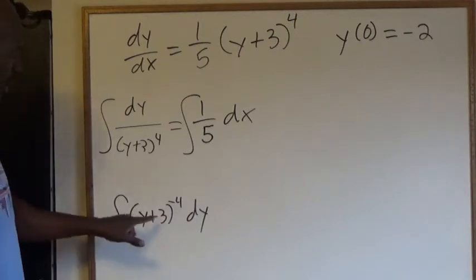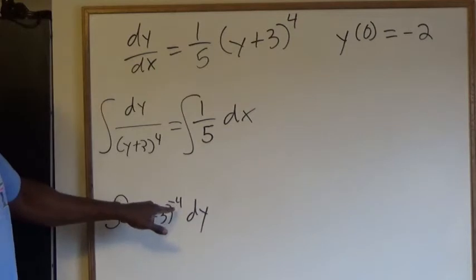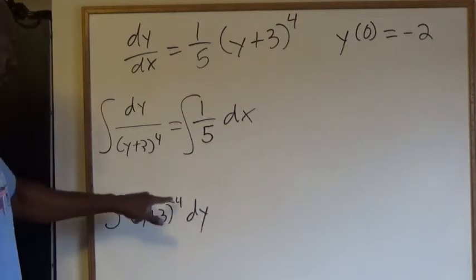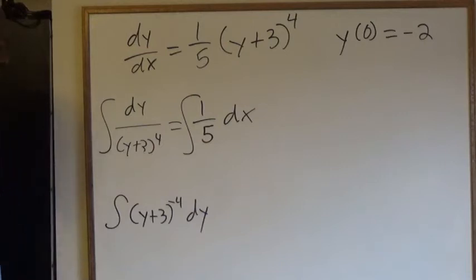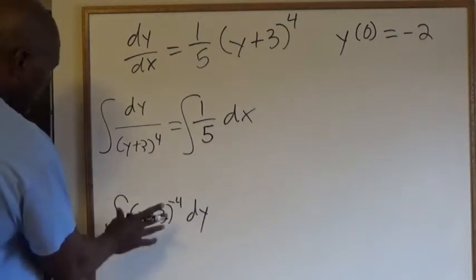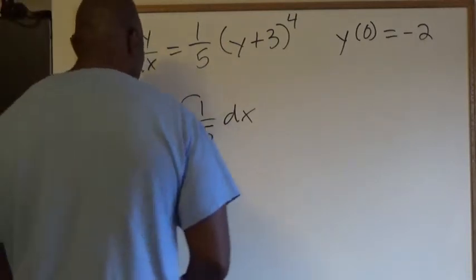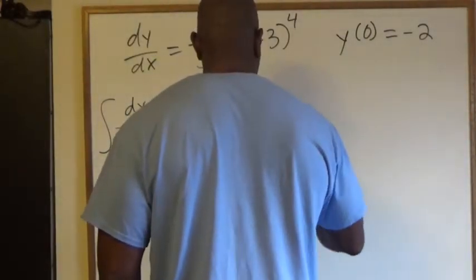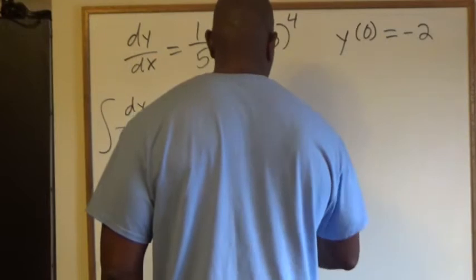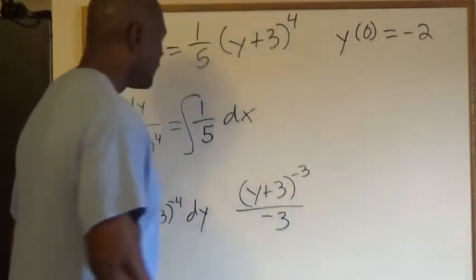So basically what's going to happen is it's going to be the power rule applied to this. I'm going to add 1 to negative 4 and get negative 3 and then divide by negative 3. So this particular integral is going to be y plus 3 to the negative 3 over negative 3.